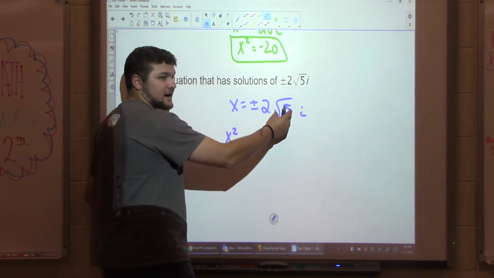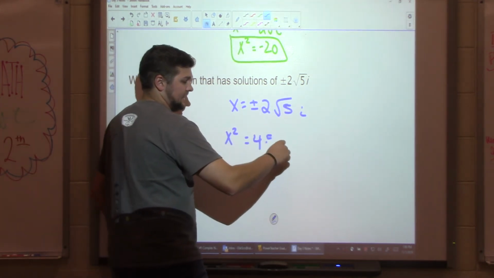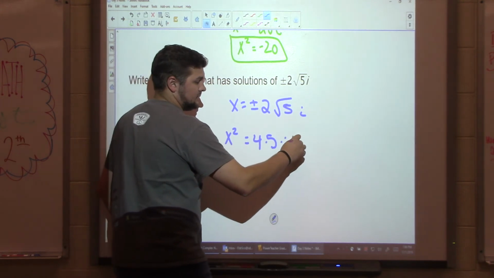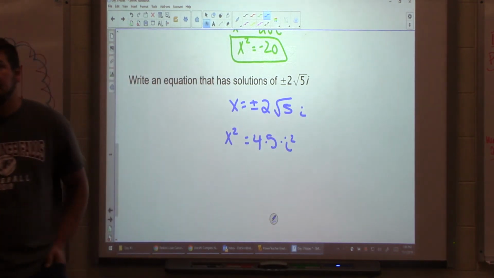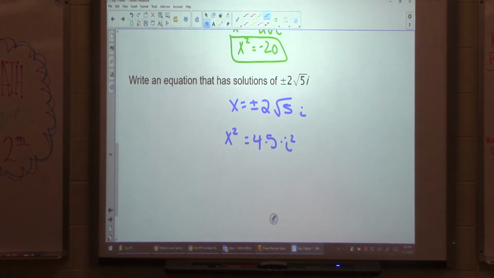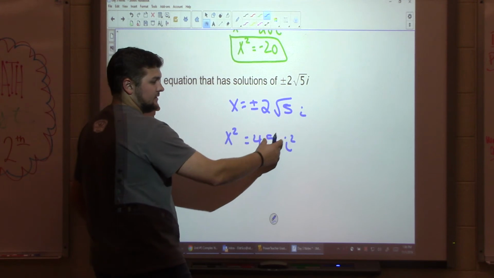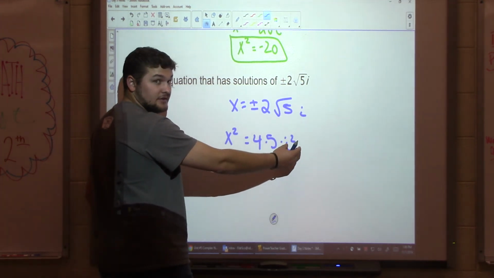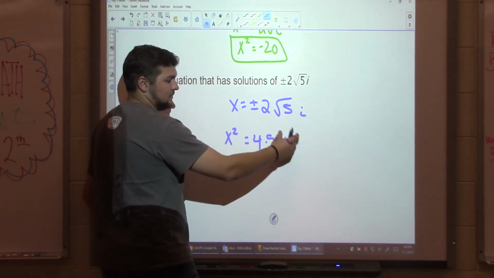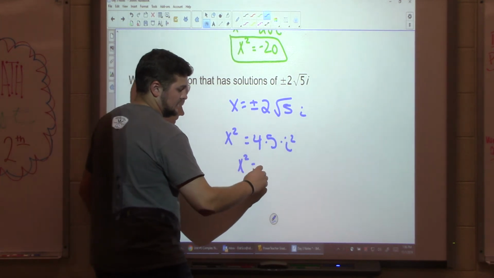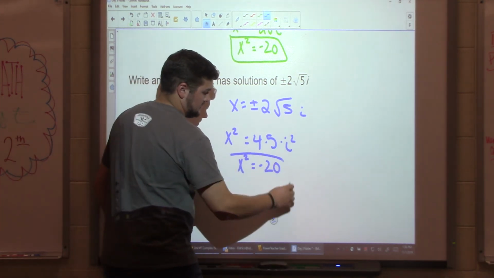The square root of 5 squared is 5. And then i would be i squared. Does that make sense how we just did all those pieces? Okay? Well, 4 times 5 is going to be 20. i squared is negative 1. So 20 times negative 1 will give me negative 20.